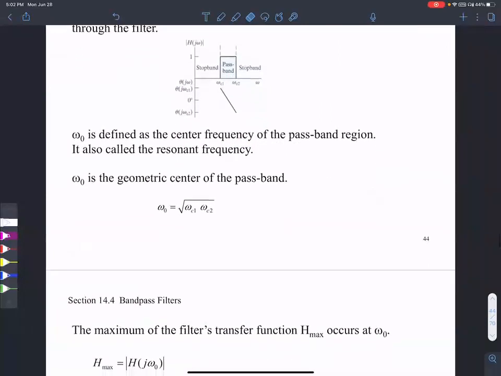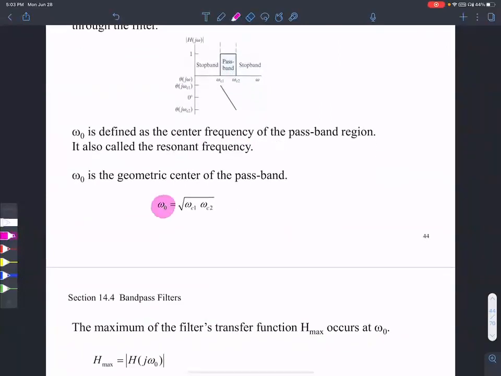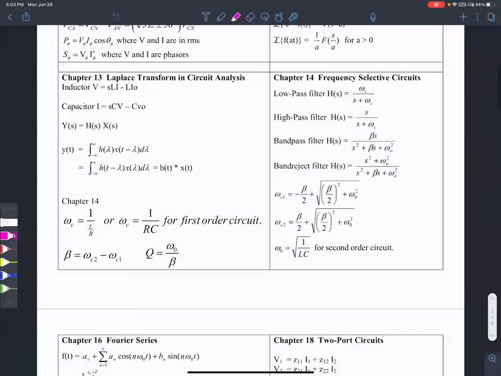Okay, what else? There are certain definitions that you still have to remember. Most of these, don't try to redo the math wherever not necessary. Simply plug in these values wherever you can. For example, beta is defined as the bandwidth, the difference between the upper cutoff frequency and the lower cutoff frequency.